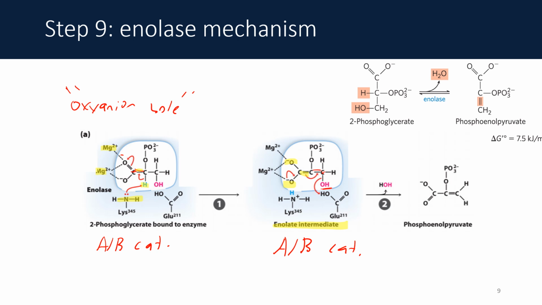A proximal glutamic acid, shown over here, will protonate that OH as it leaves, forming water, H2O, and that is a good leaving group, which makes this final rearrangement possible, leaving us with phosphoenol pyruvate. Phosphate over here, and the double bond over there that we worked so hard to form.